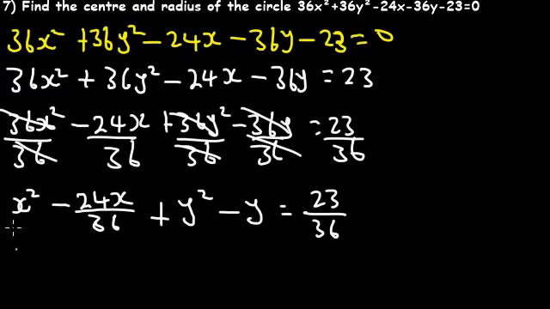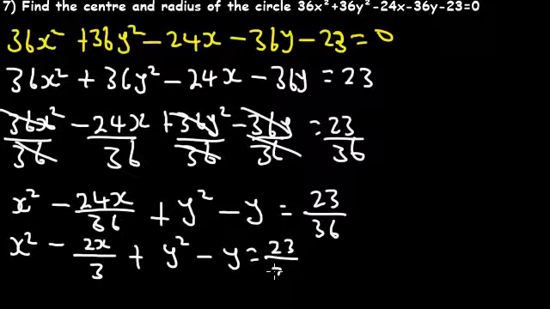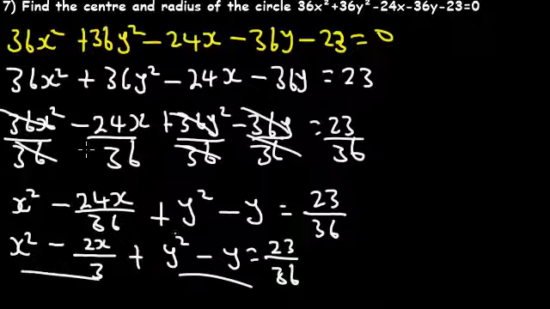Simplifying further, 12 into 24 is 2, so we have 2x over 3, since 12 into 36 is 3, plus y squared minus y equals 23 over 36. Perfect. Now we are good to go in making each of these a perfect square.